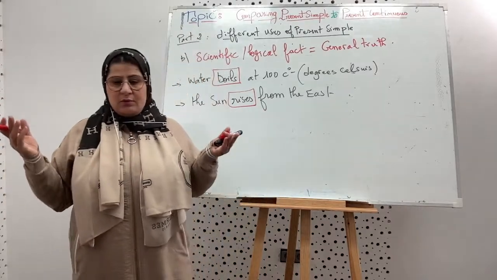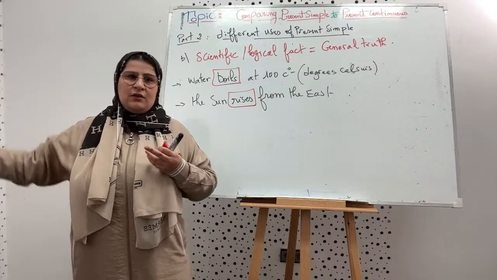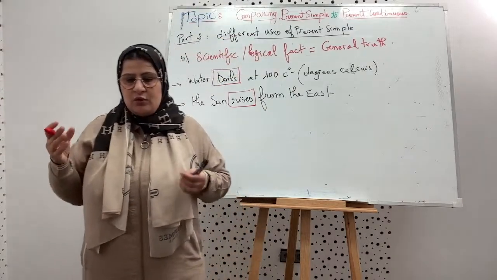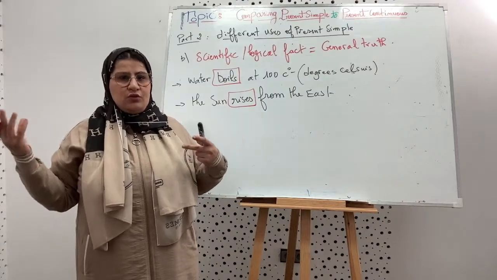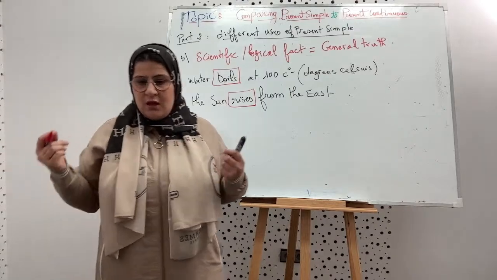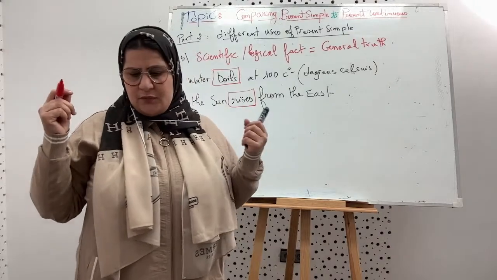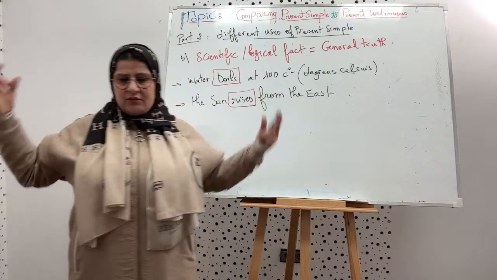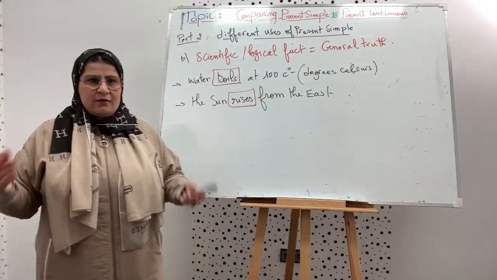Also, when we talk about the sun rises from the east and sets in the west, or water freezes at 32 degrees Fahrenheit, and the sun is 93 million miles from Earth, all these facts are scientific and logical.